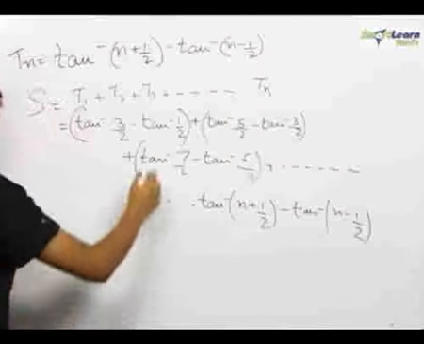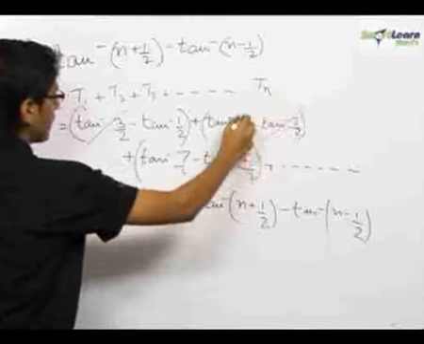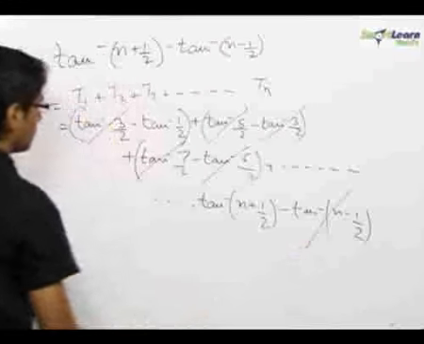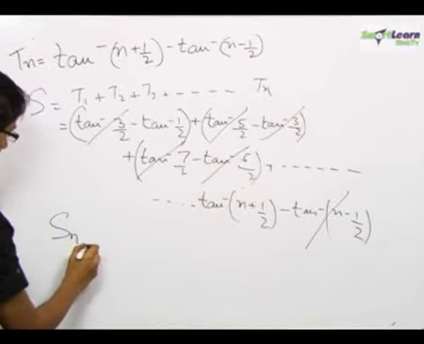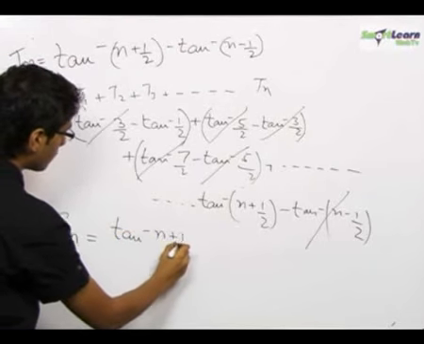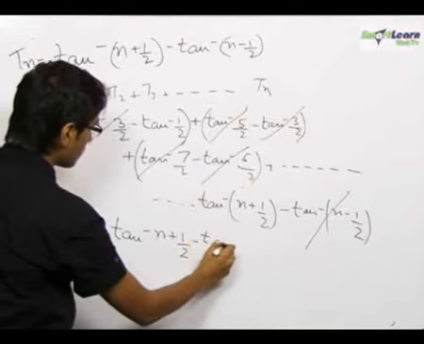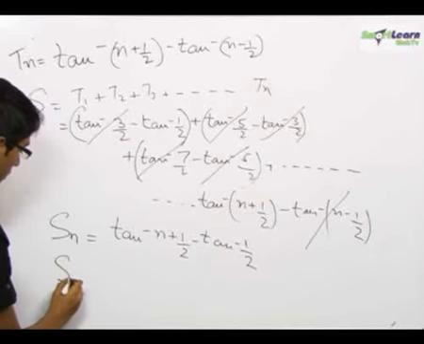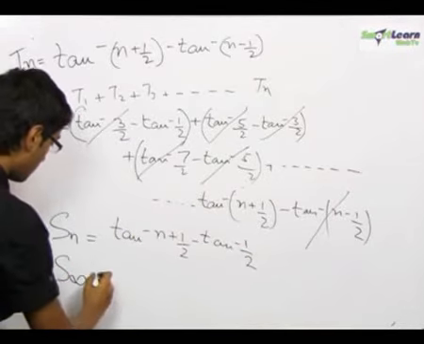Now we can very clearly see that the terms are getting cancelled. So the sum Sn gets converted into tan inverse of n plus half minus tan inverse of half. Now we want to find the sum up to infinite terms.